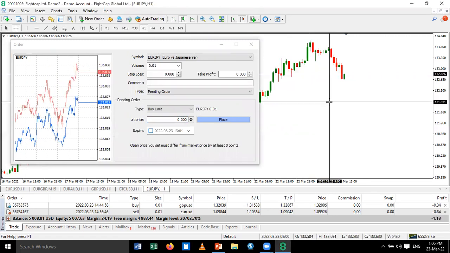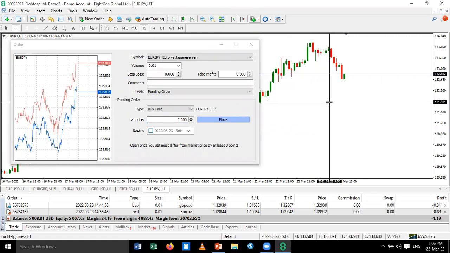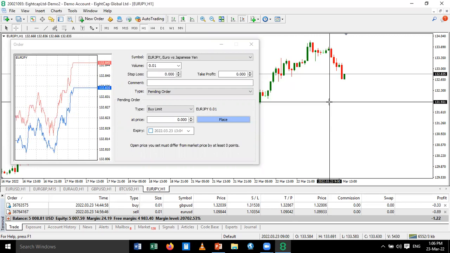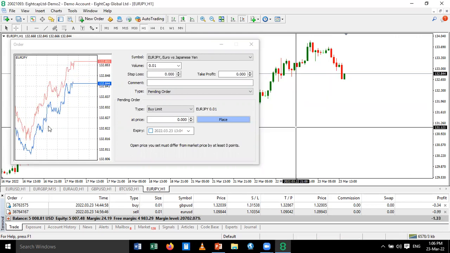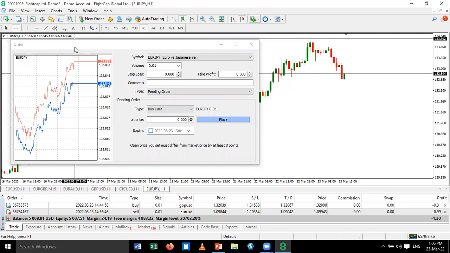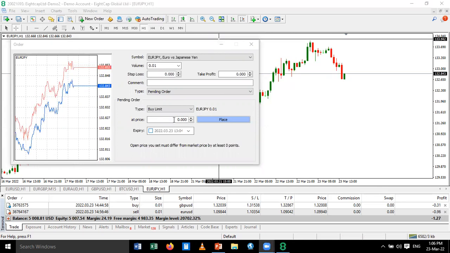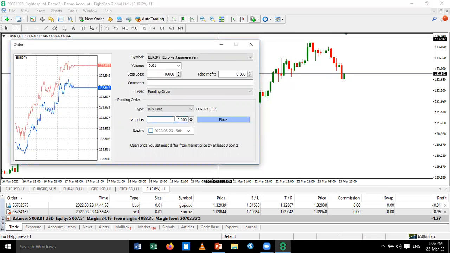Okay, I might say this price below here is 131.931. Look towards the right hand side of the chart where I have the prices. I just picked a particular price area, 131.931. You can get a paper, you write it down when you're doing this, you can cram it. Then you come to where you have at price.